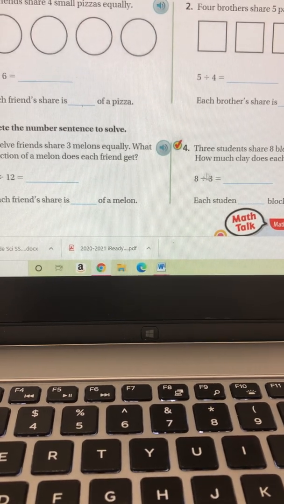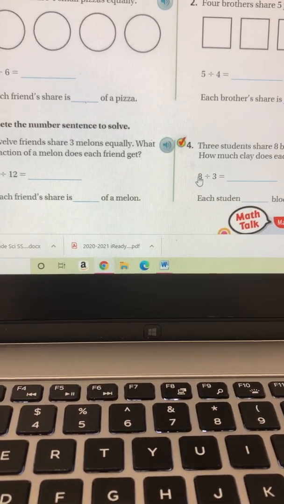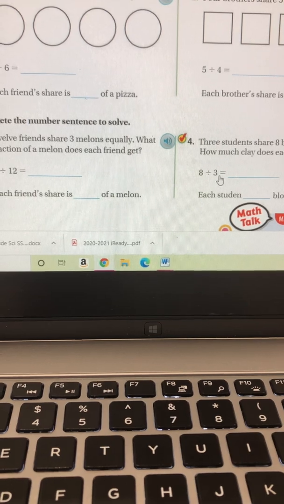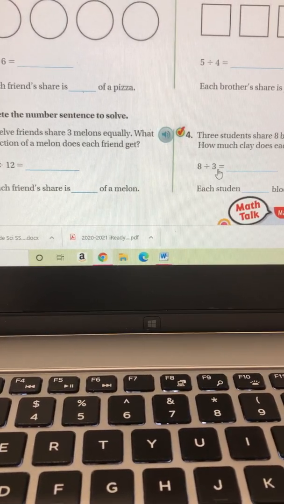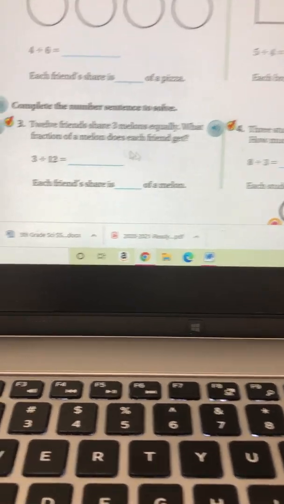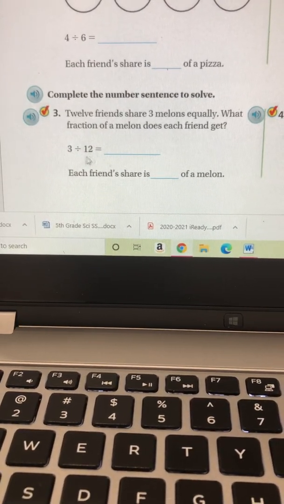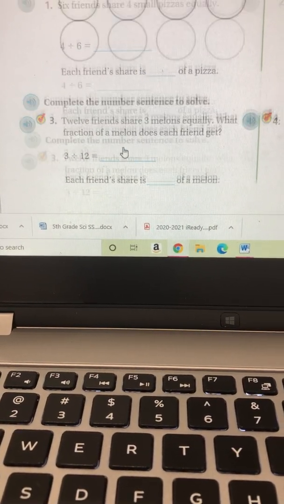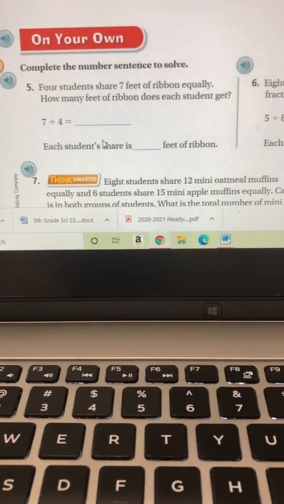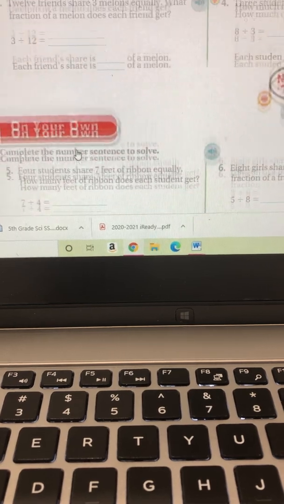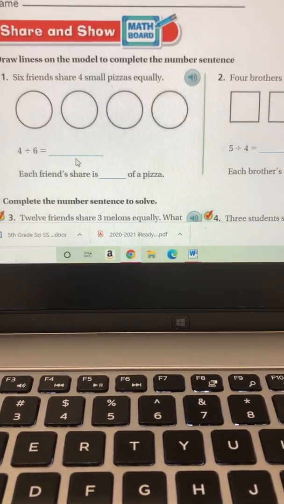This one is obviously going to be an improper fraction, because if I put 8/3, you're going to have a numerator bigger than the denominator, so you would turn it into a mixed number. If you have to simplify, please make sure you simplify. Yeah, the rest are the same thing that we just did. So that sums it up.